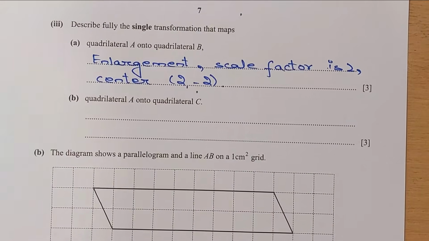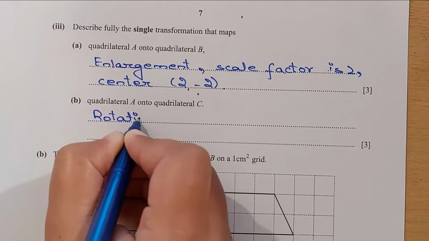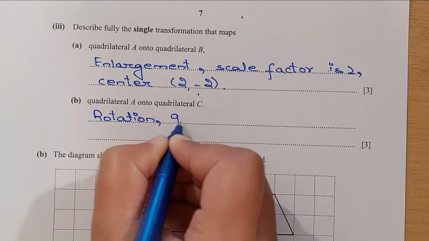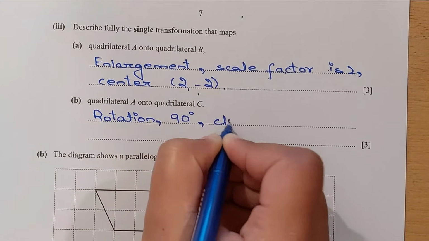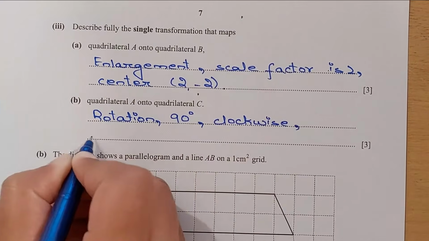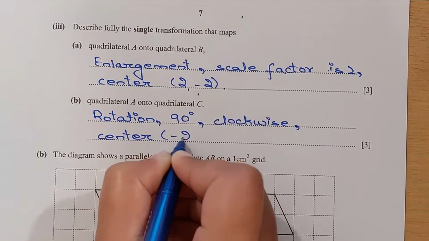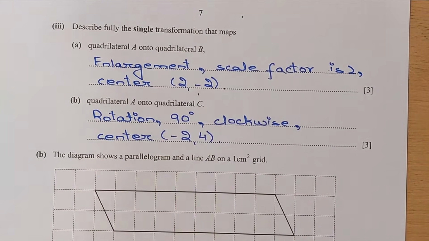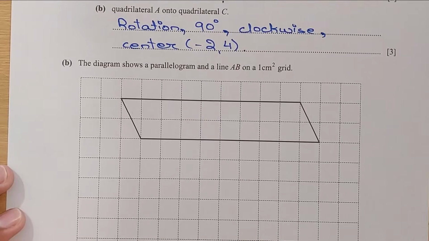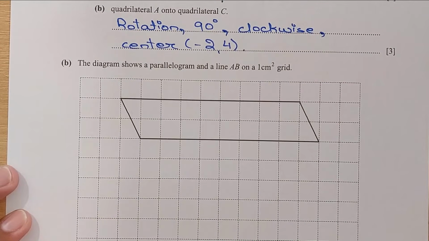Okay, so this is a rotation, 90 degrees clockwise, and the center of rotation is (-2, 4).